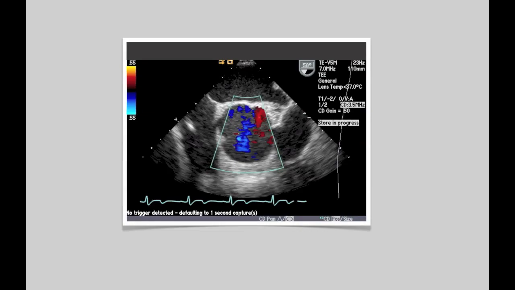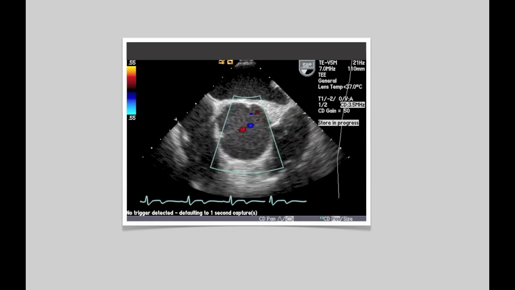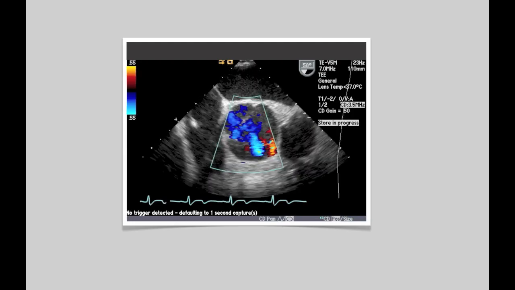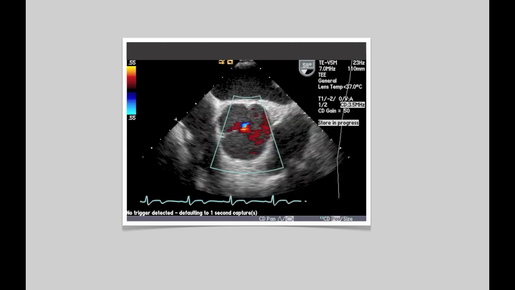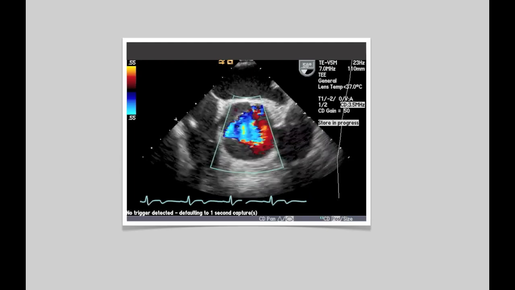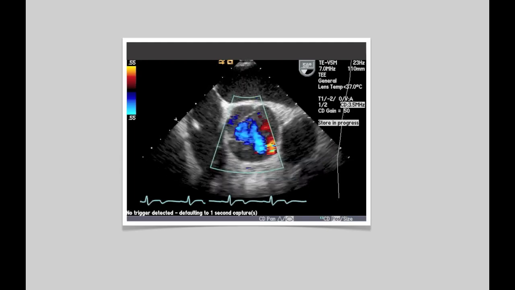In this picture, we see a mid-esophageal aortic valve short axis view with color flow Doppler placed across the valve. Notice that the Nyquist limit is 55 to the left of the screen. That's an adequate Nyquist limit. Whenever assessing the aortic valve, it should be between 40 and 65.